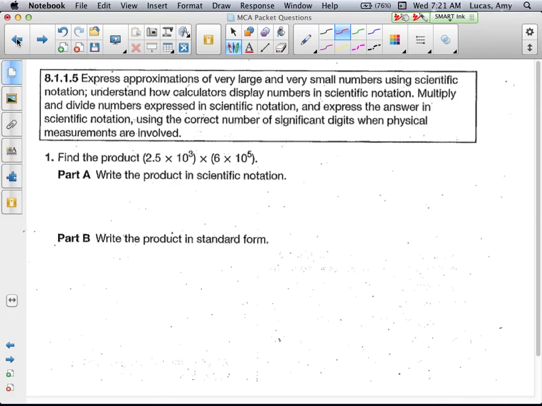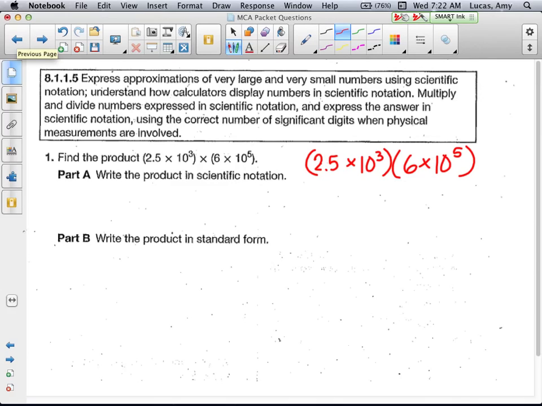Number 1, find the product 2.5 times 10 to the 3rd power times 6 times 10 to the 5th power. Part A, write the product in scientific notation, and part B, write the product in standard form. 2.5 times 10 to the 3rd power times 6 times 10 to the 5th power.